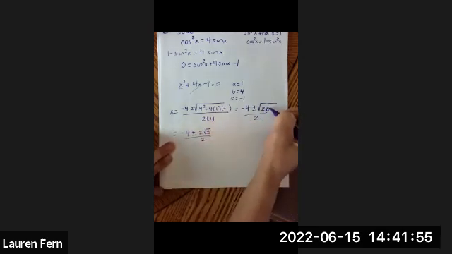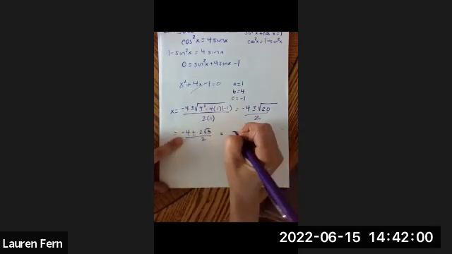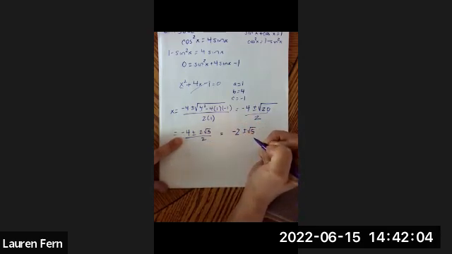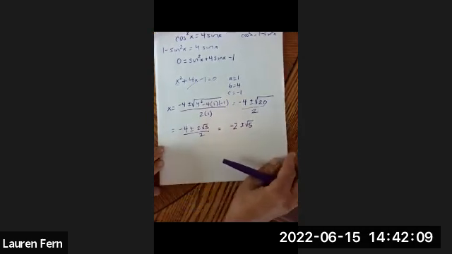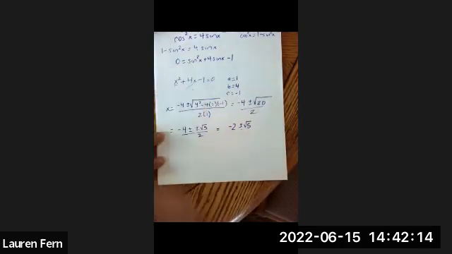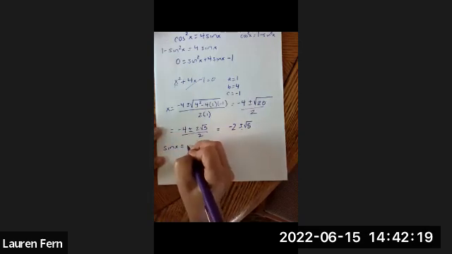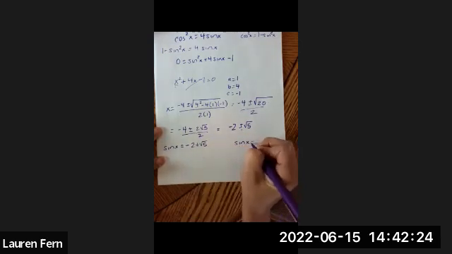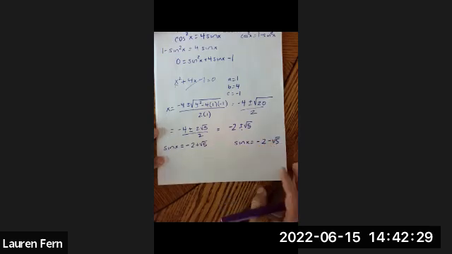I just simplified my square root and pulled out what I could, which then reduced is -2 plus or minus the square root of 5. All right, that's what x is. But really, we used x in place of sine x. So in other words, we want to solve sine x equals -2 plus the square root of 5, and sine x equals -2 minus the square root of 5.